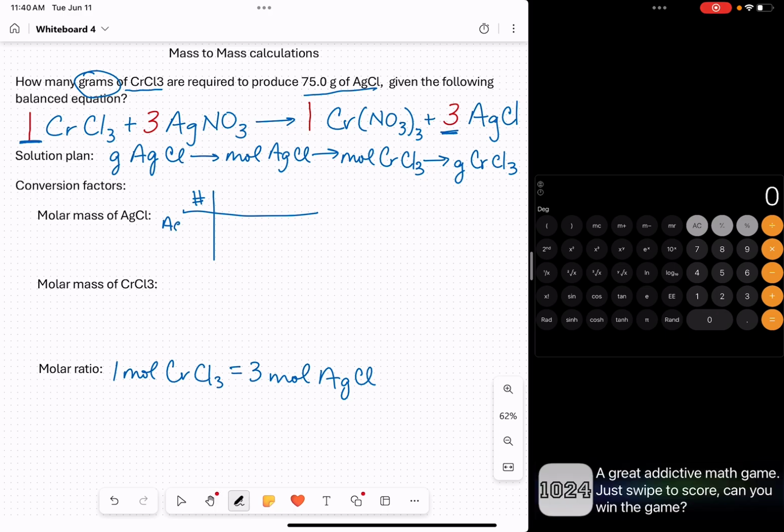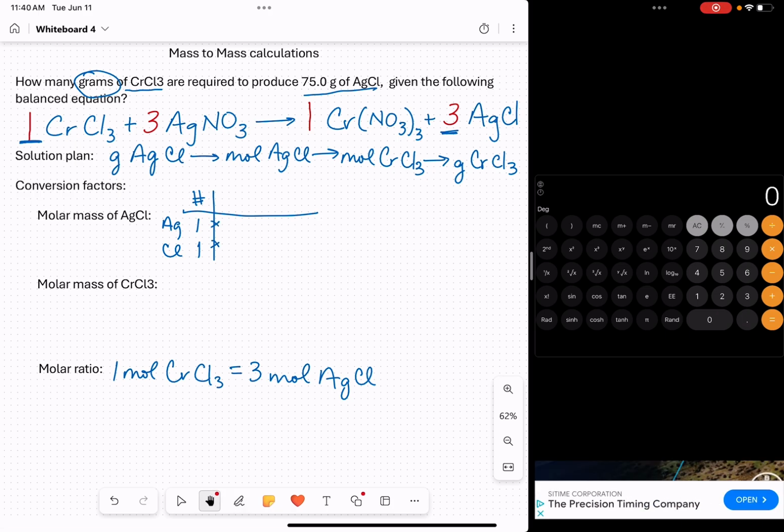It has silver and chlorine in it, 1 of each. The molar mass for silver from the periodic table is 107.9, so that's the molar mass. And for chlorine, it is 35.45.